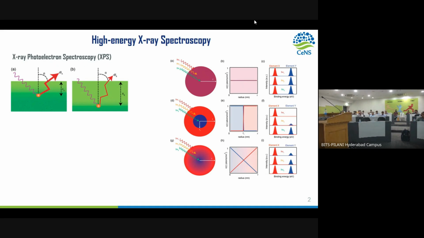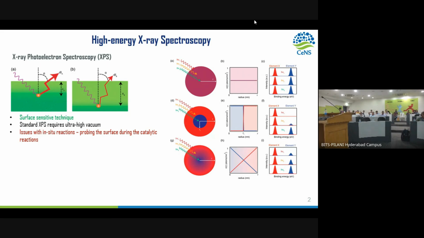So that's how it matches up properly. The advantage of XPS is that it is, as I said, a highly surface sensitive technique, but standard XPS requires ultra high vacuum. So even though catalytic reactions are happening at the surface, we cannot easily employ XPS and see those reactions in situ.